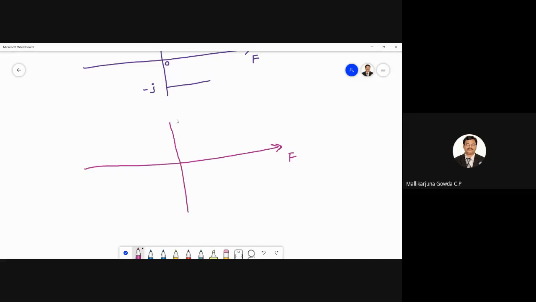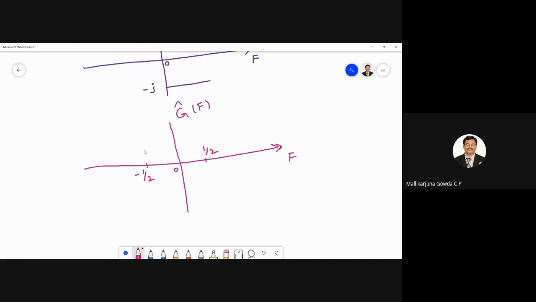So your g cap of f will look like this, from minus 1 by 2 to 0, the value of the rectangular function is 1 and the value of HST of f is j.